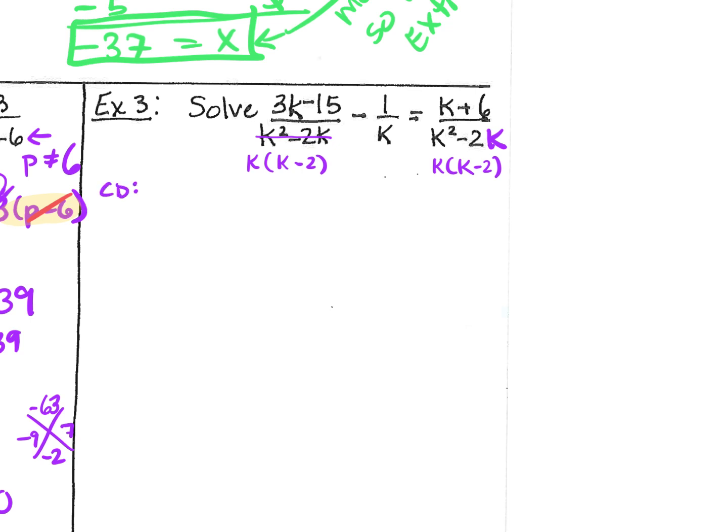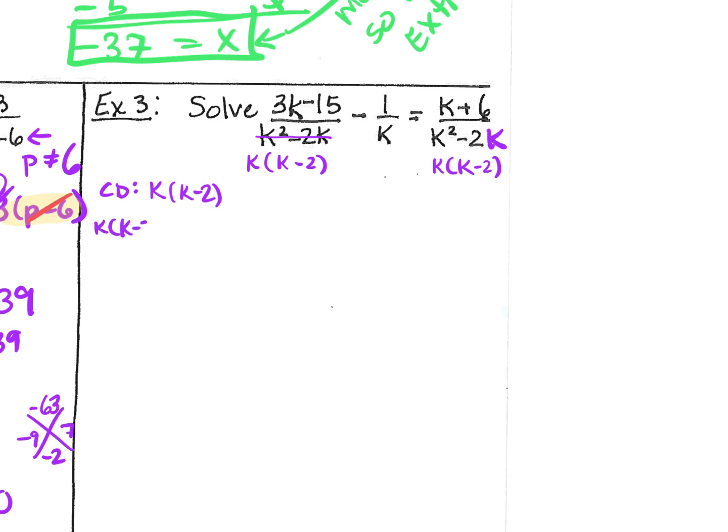All right. So what is my common denominator here? k, so they've all got a k. This one's got a k minus 2. The last one's got a k minus 2. This one's going to need it, isn't it? All right, so now we take that and multiply all the way through.